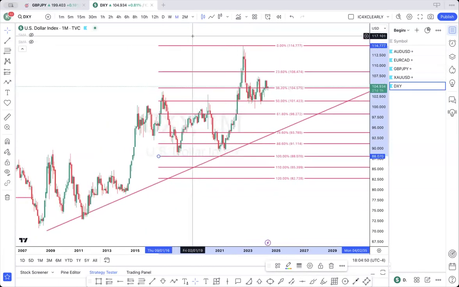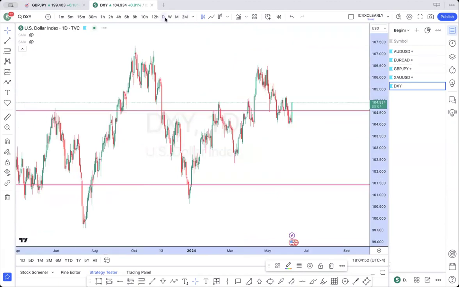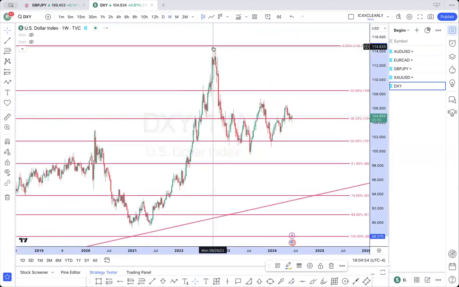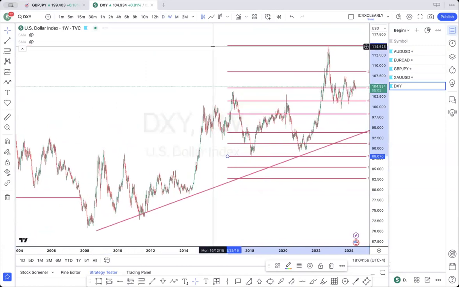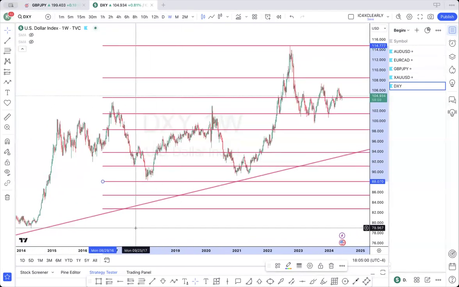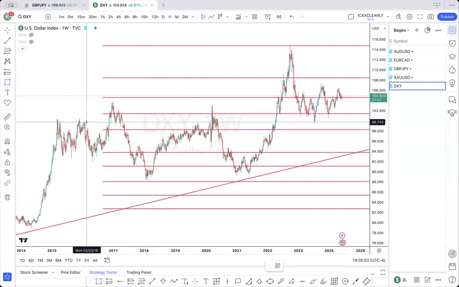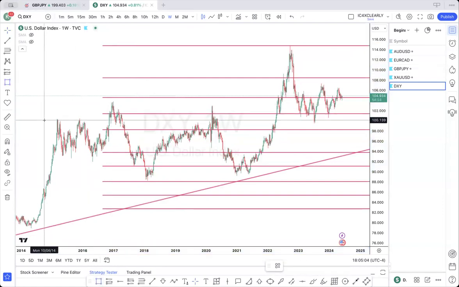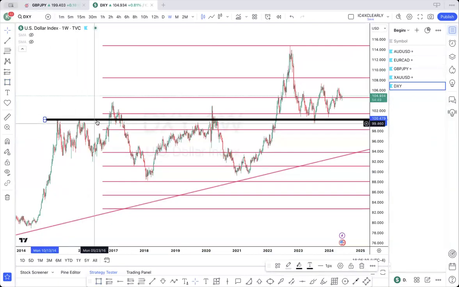So based off of that, if I'm marking up my levels, we can go back to the weekly. So if I'm marking up my swings, I'm looking here as a level of resistance and then support and then resistance and then support.